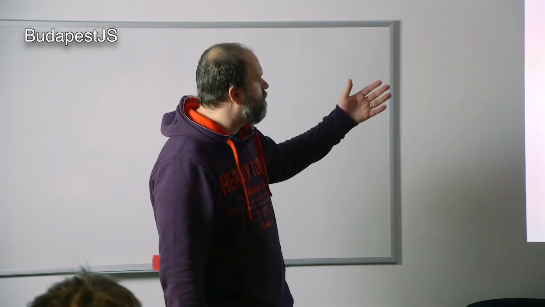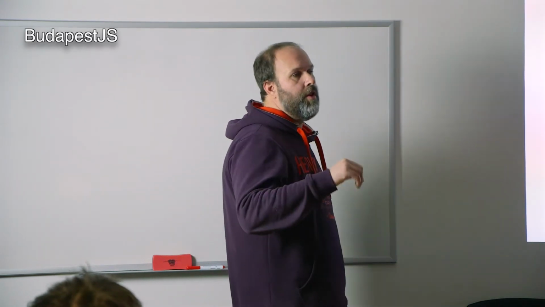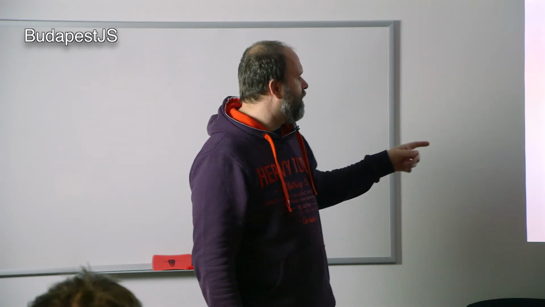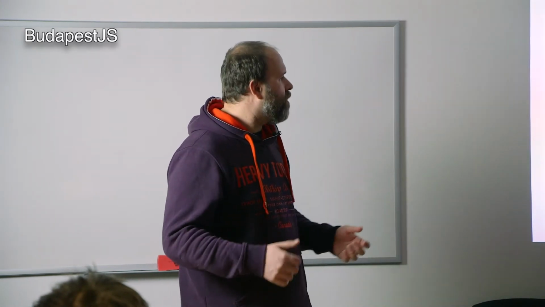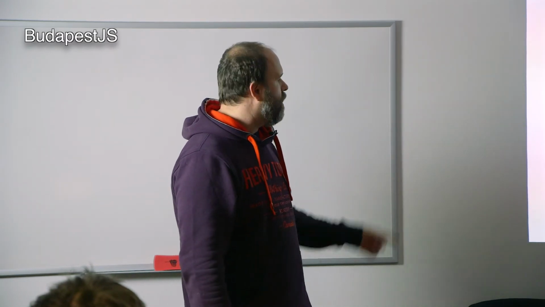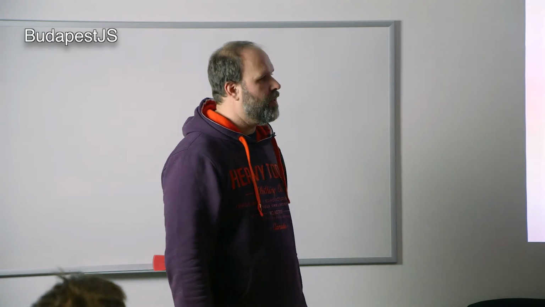Yeah, so because symbols are a newer type, they are not included in getOwnPropertyNames because of backwards compatibility. So you can hide them, and that's why there's this other method.